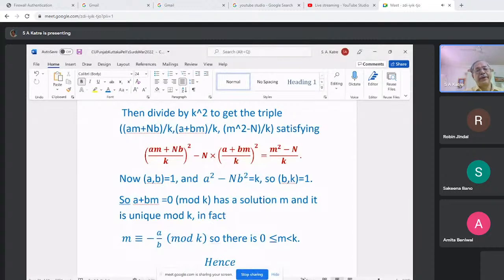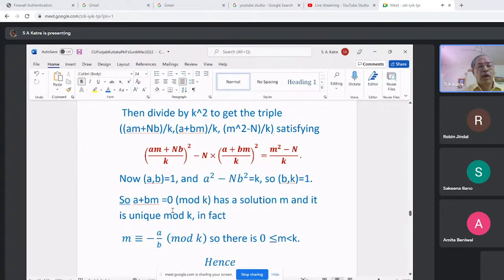You can solve it. You see that a plus bm is divisible by k, right? That means bm plus a, last time you have seen that, is equal to k times y.